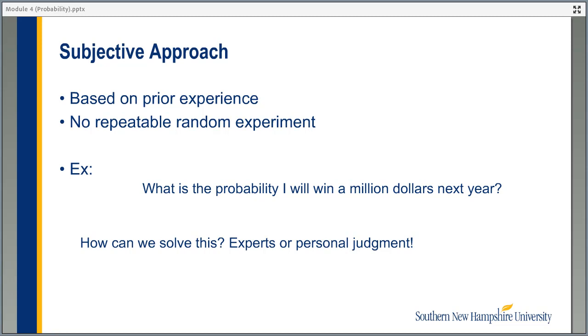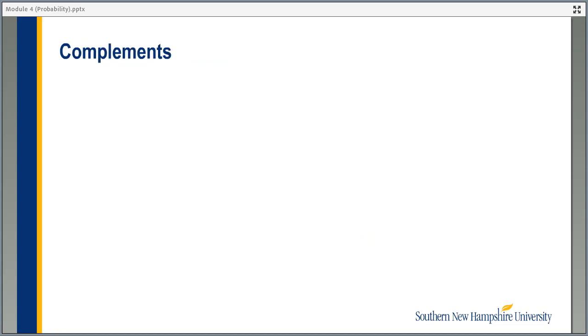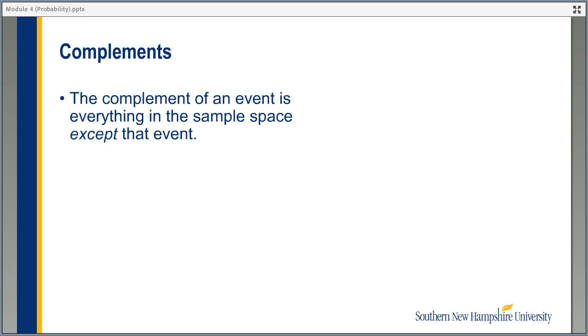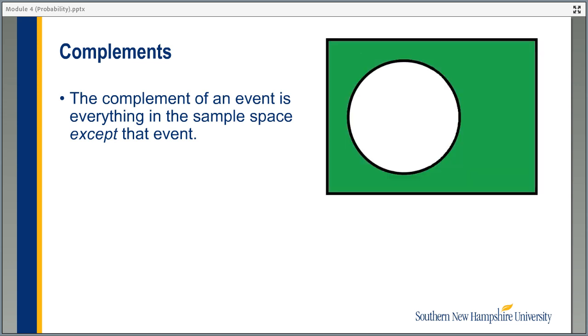Now we're going to talk about some more vocab associated with probabilities, the first of which being complements. The complement of an event is everything that's in the sample space except for that event. In this image, if the entire image represents our sample space and the white circle is the event, the green will represent the complement of the event.